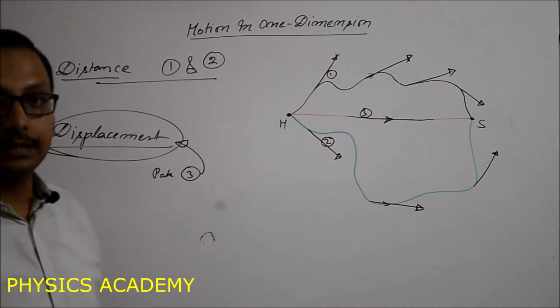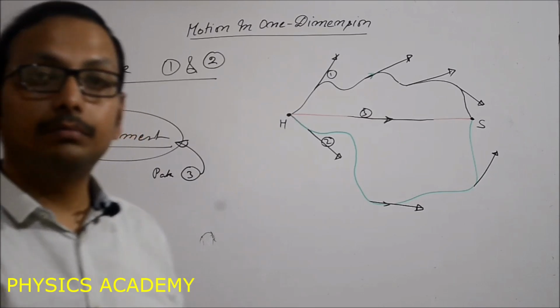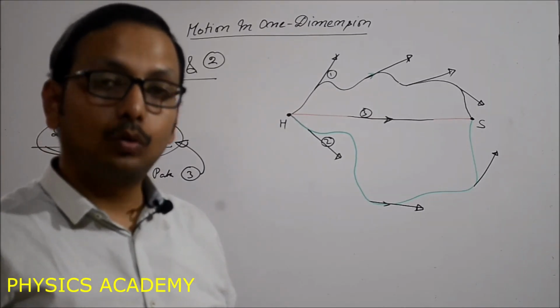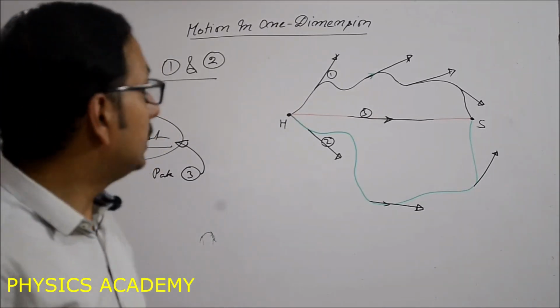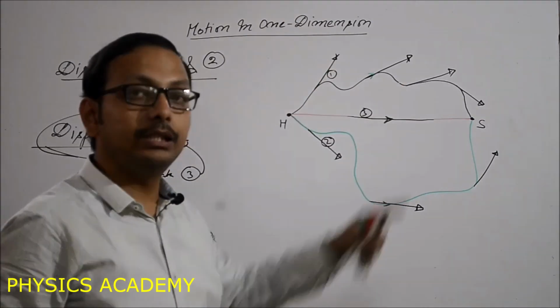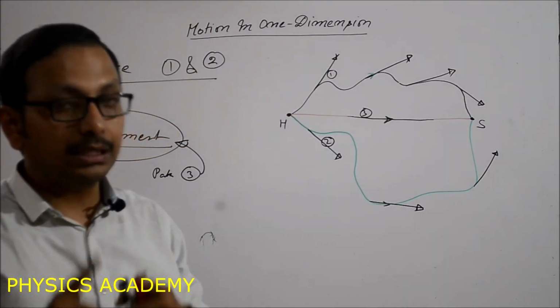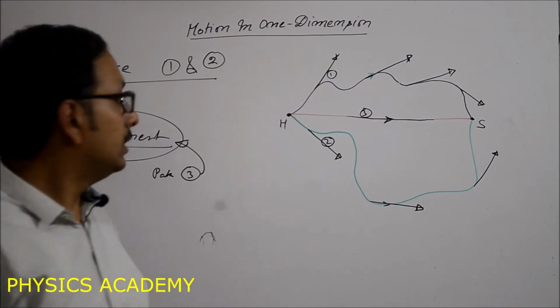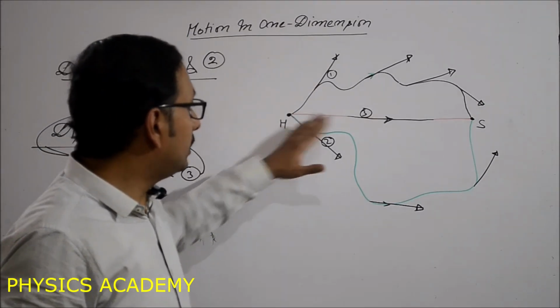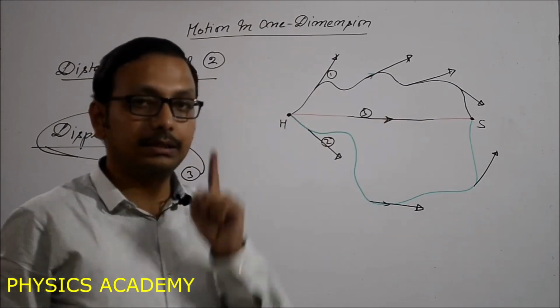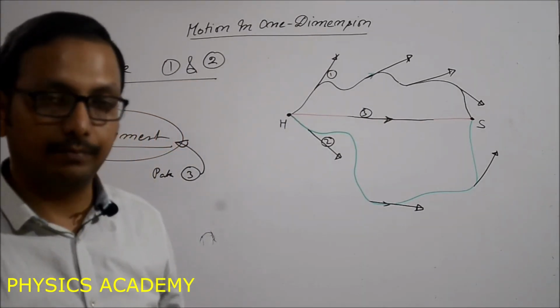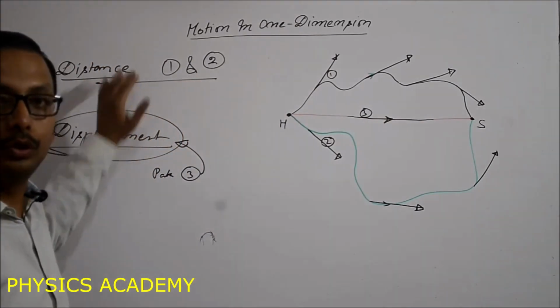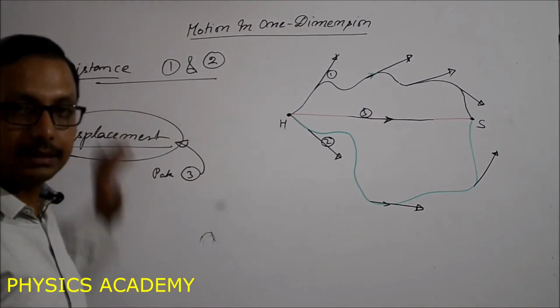So that means distance is the quantity where the direction of motion is continuously changing. That means not in the same direction throughout the path, but here for displacement the direction is a single direction only throughout the journey. So that is called displacement. So hope you have understood this term, distance and displacement.